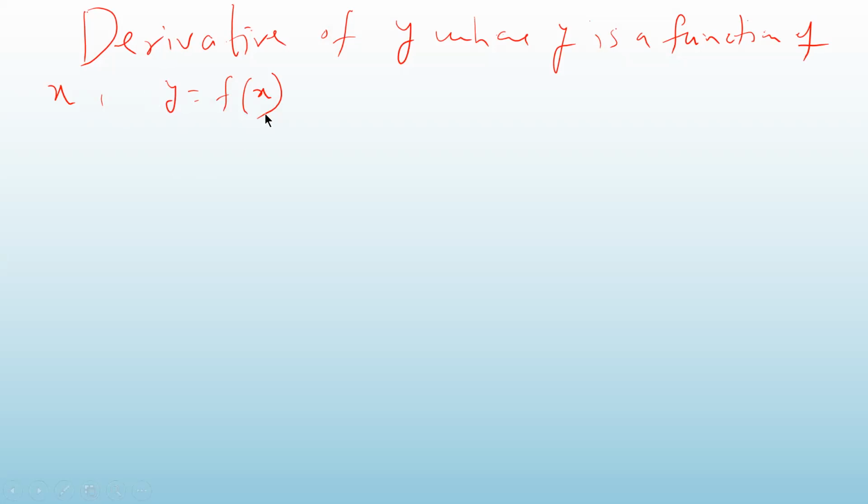So that rate is called a derivative. So what is the derivative of y with respect to x? It is denoted by d by dx of y. You write it like this, dy by dx.